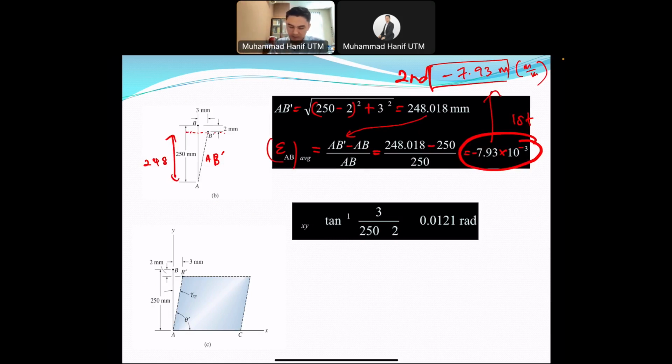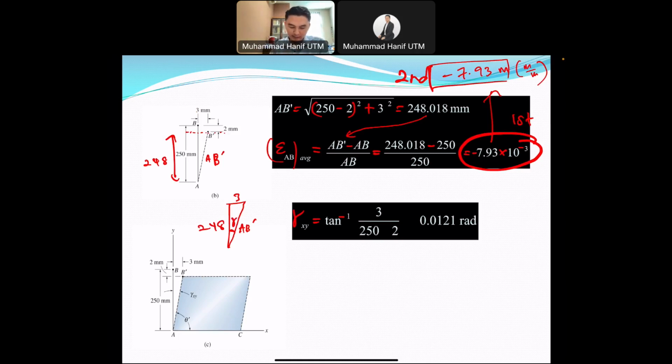Where gamma xy is equal to the inverse tangent. So you have this triangle. This one is AB prime, this one is 248, and this one is 3. Sorry, it should be inverse tangent. We want to find this gamma, right?